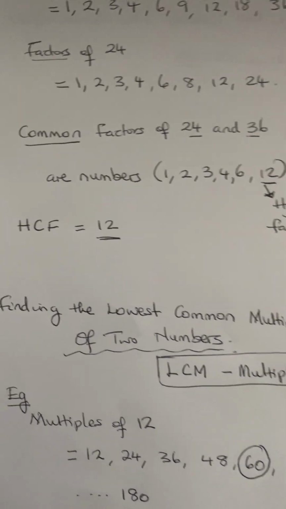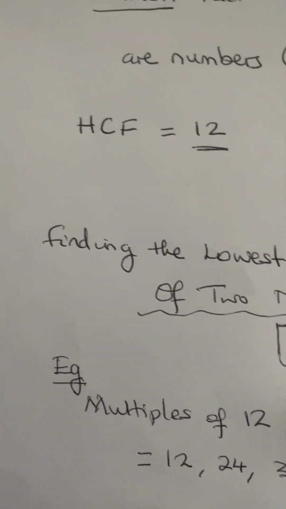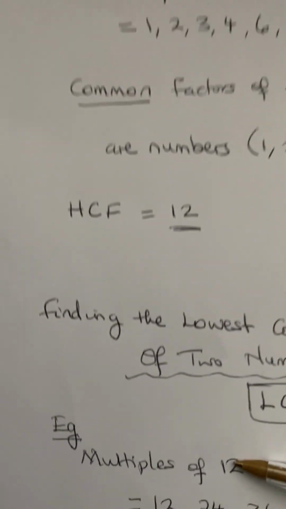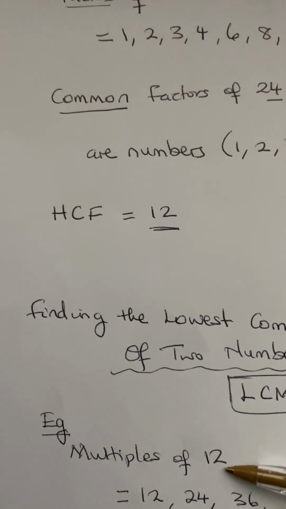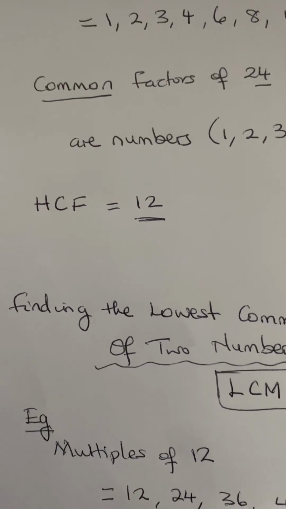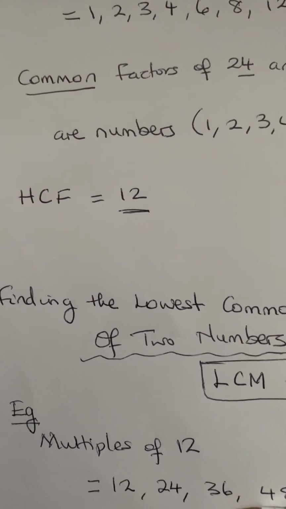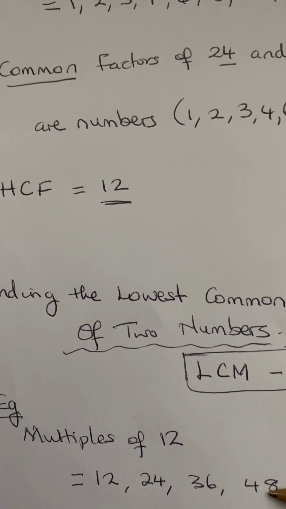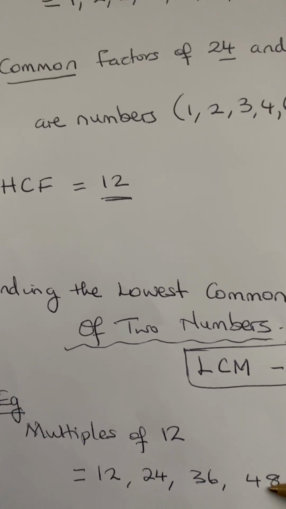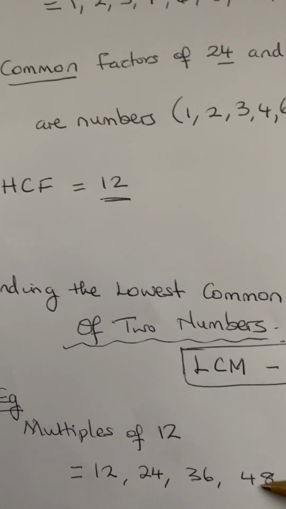Okay, so example, the multiples of 12 are 12, 24, 36, 48. Yesterday we said multiples are just like the times table.